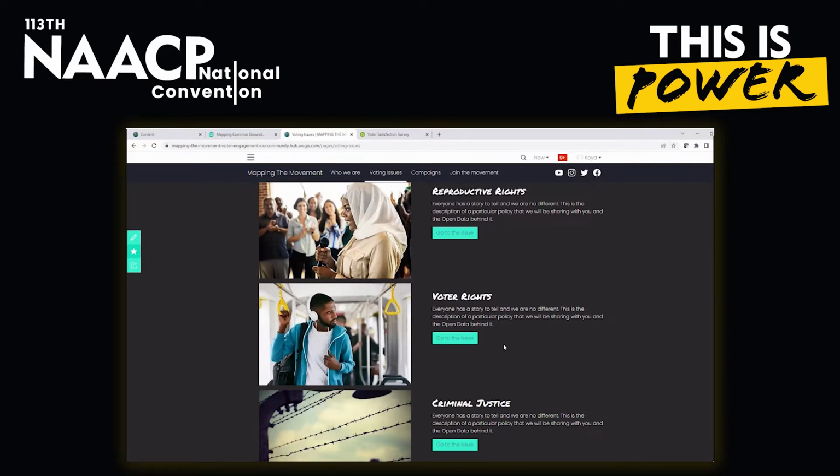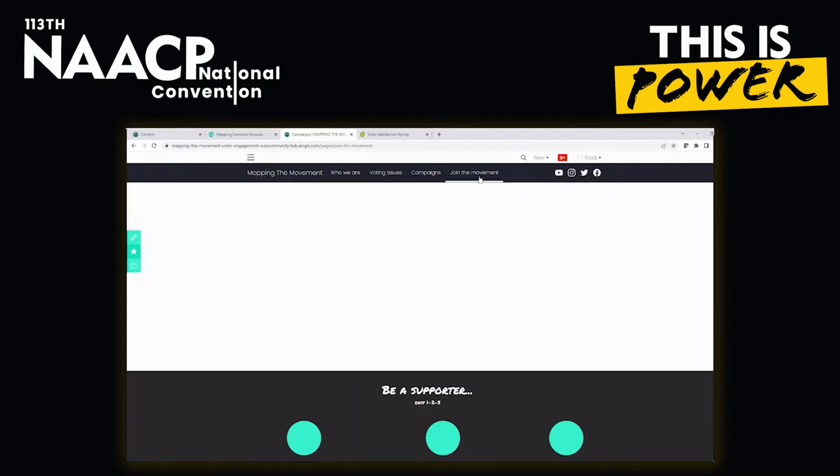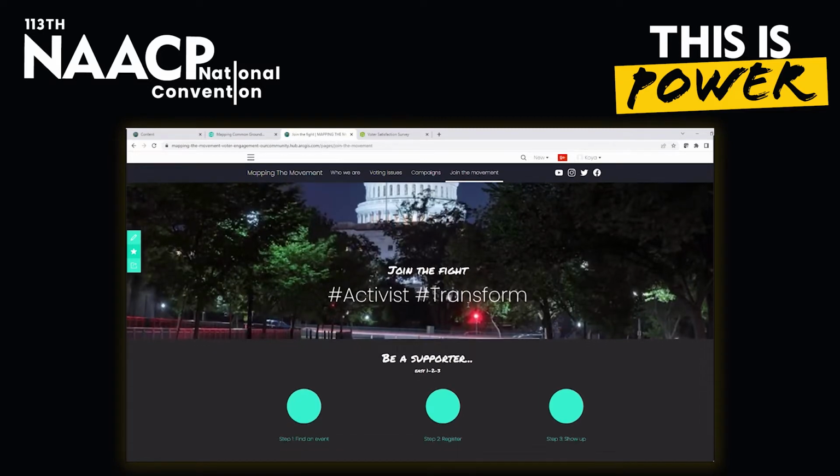We can dedicate pages to that goal. This page is dedicated to educating voters on where to vote and gives them the tools to locate a voting center or a polling place. If your organization wants to expand their initiative, dedicate a page to that. Explaining the process, identifying where folks can lean in.